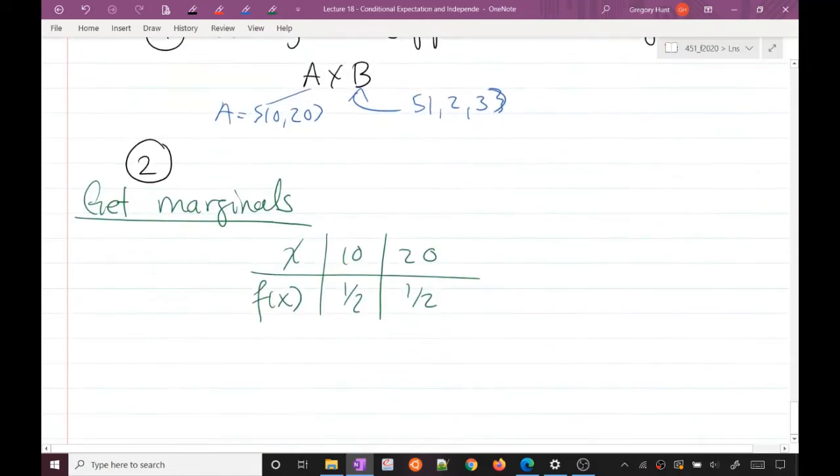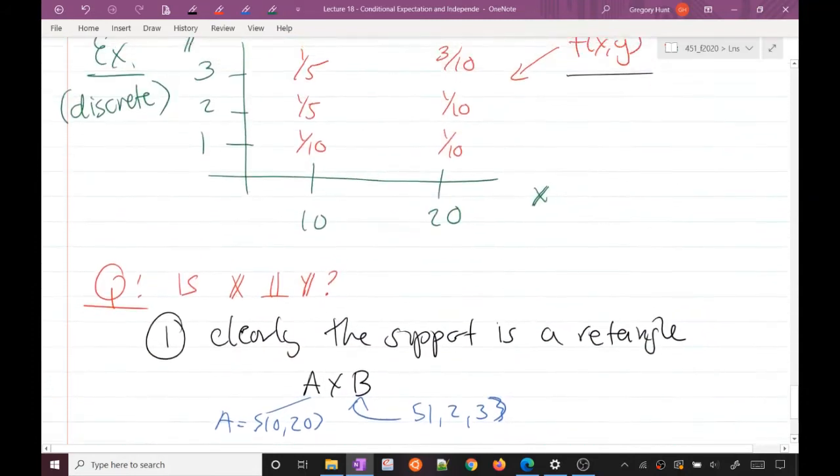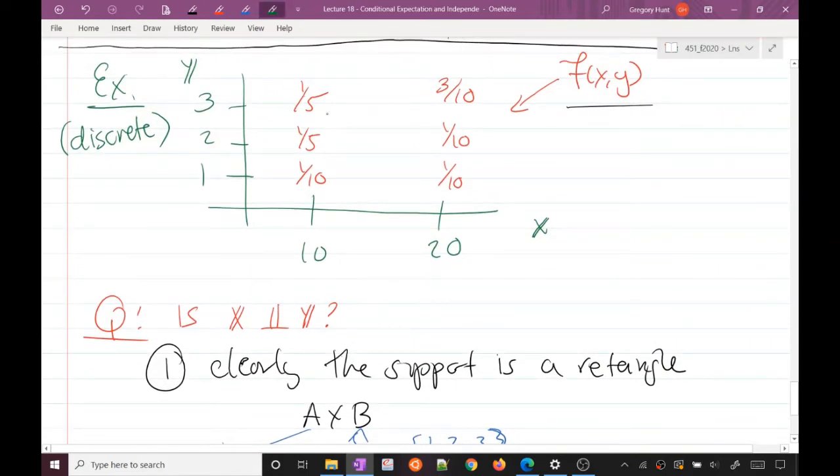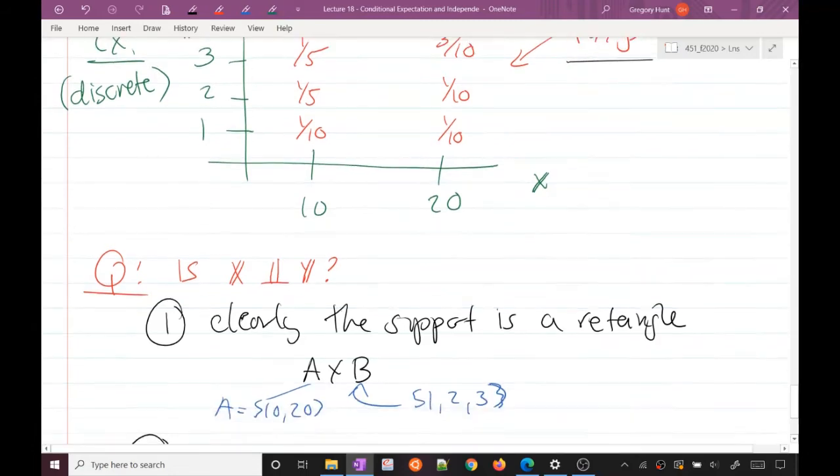And y can take on the values 1, 2, or 3, and let's sum the rows to get the marginal of y. That is 1/2 on the first, yeah, that seems right.